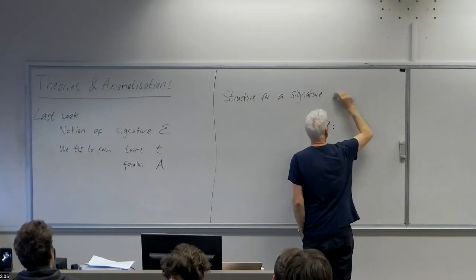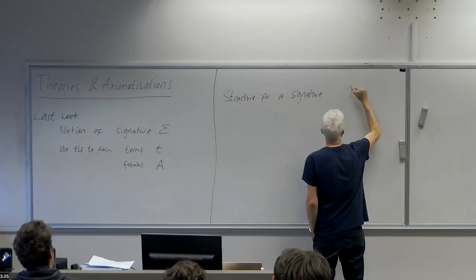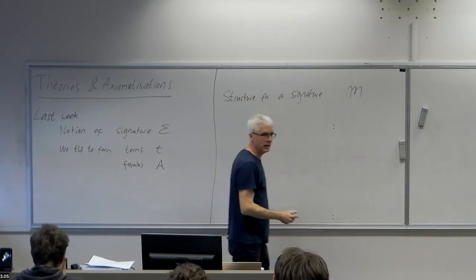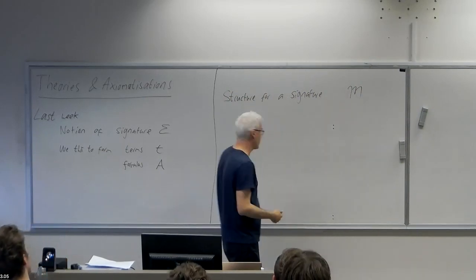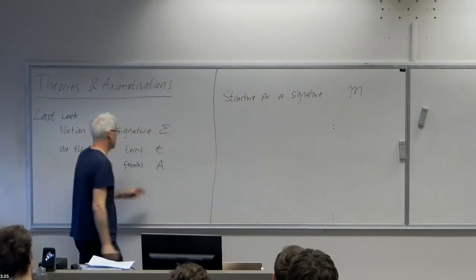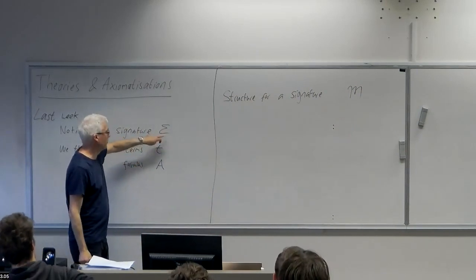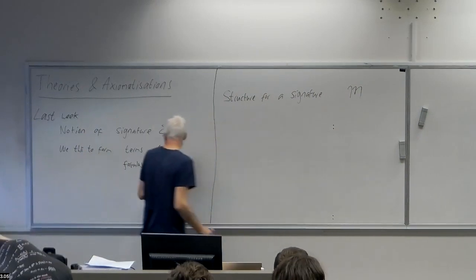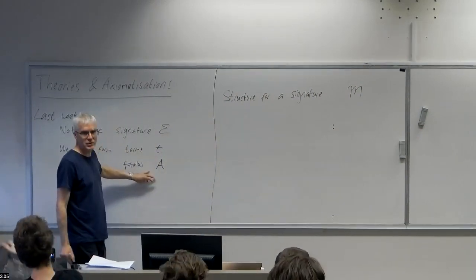So not t, that's a term. A structure for a signature, we write using a curly letter, and it contains an underlying set together with interpretations of the predicate symbols and the function symbols. And the point of a structure is we can interpret the language in it.